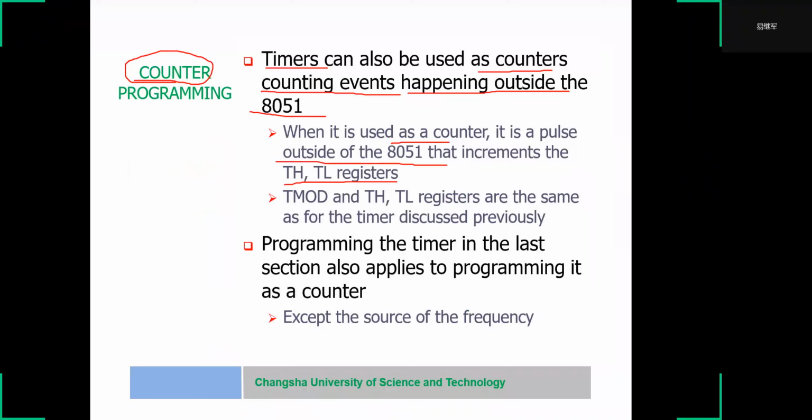The T mode and the TH, TL register are the same as for the timer discussed previously. Programming the timer in the last section also applies to programming it as a counter, except the source of the frequency. If we use it as a timer, the source is the machine cycle. If we use it as a counter, the source is the outside event.